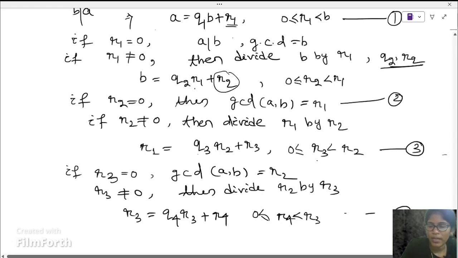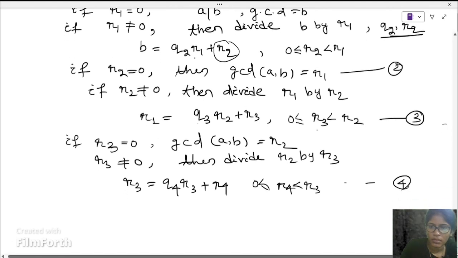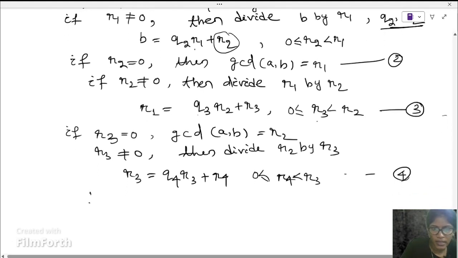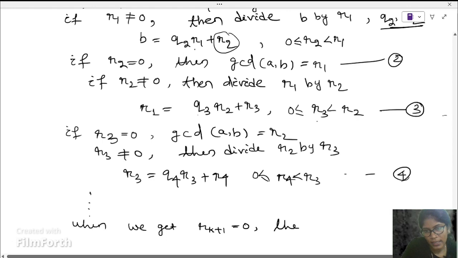The above procedure continues, and finally when we get r(k+1) equal to 0, then rk is our GCD.